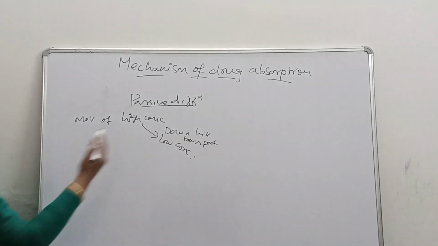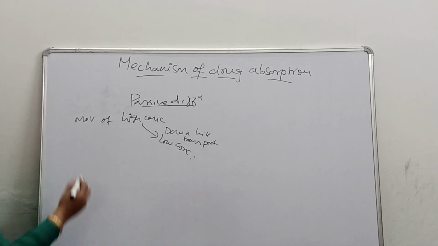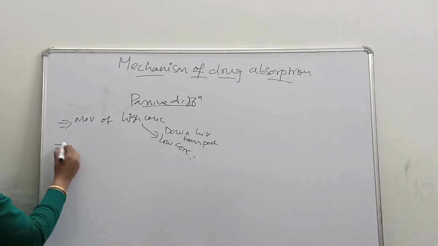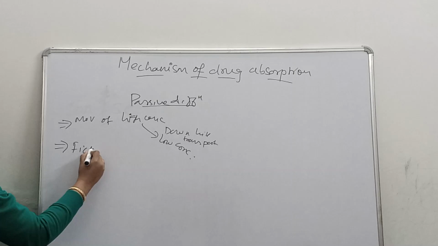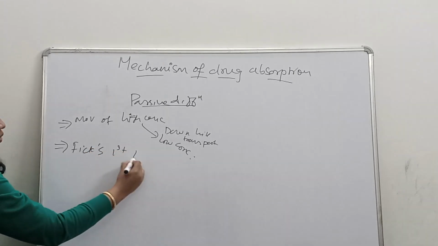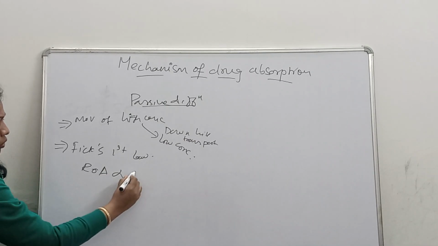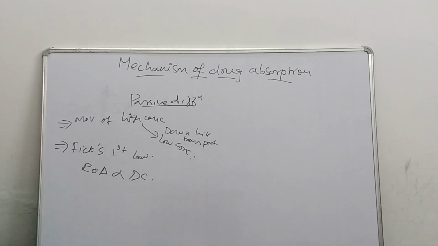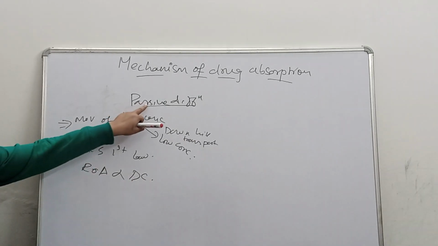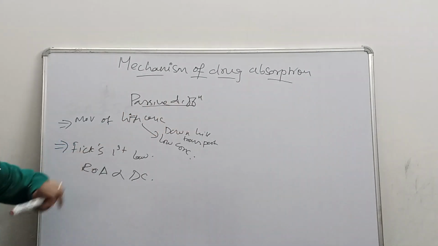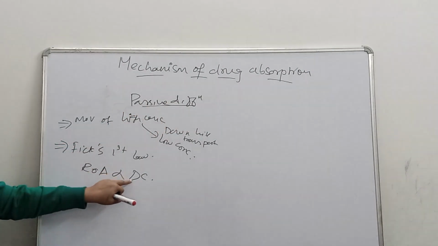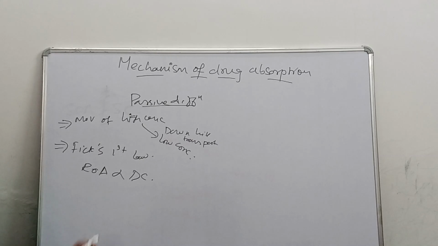Movement of drug from higher concentration to lower concentration. Passive diffusion can be explained by Fick's first law, which is the rate of absorption is proportional to the concentration gradient. So for the drug to absorb by passive diffusion, the driving force of drug absorption is its concentration gradient.